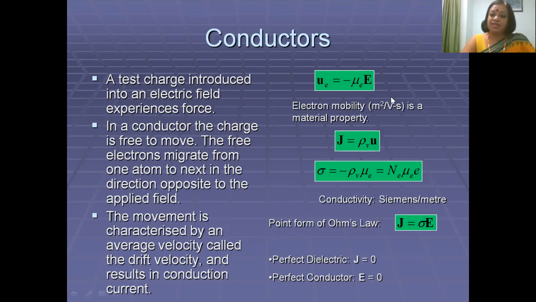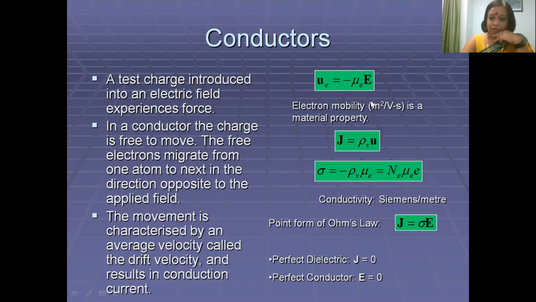Electron velocity is defined as minus mu e E, so it is again proportional to the electric field intensity. Additionally, you will have a current which is caused by this mobility, and this current density is given as rho v times u. So therefore, this is a volume charge density and this is the mobility. If you're talking about electrons, we are talking about mobility of the electrons.